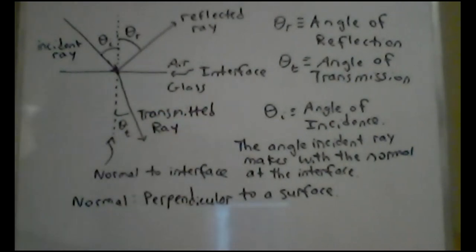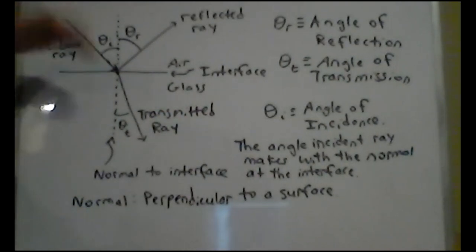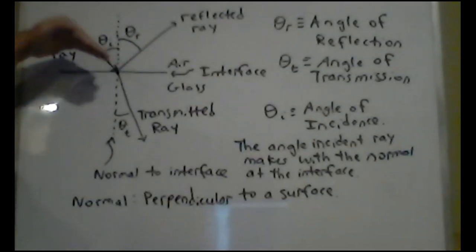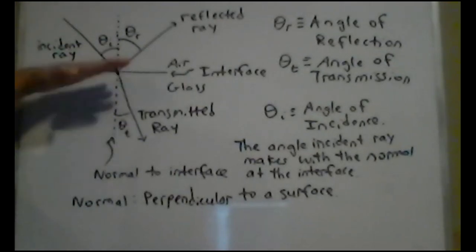So a single ray of light comes in, say medium number 1. Call it air, call it whatever you want. Could be water. Light comes in, strikes an interface. This has to be some other material.